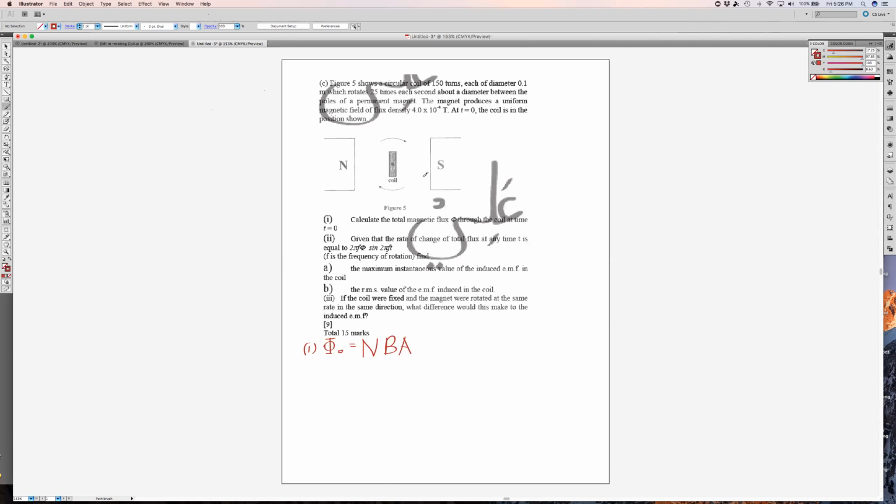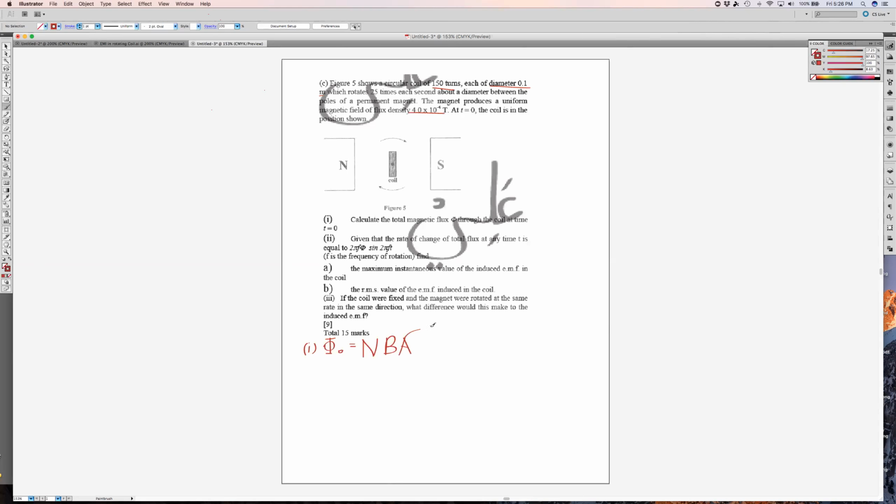Right? So we have N, we have B, and they said the diameter is 0.1 meter. If the diameter is 0.1 meter, we can work out A, which is pi r squared.